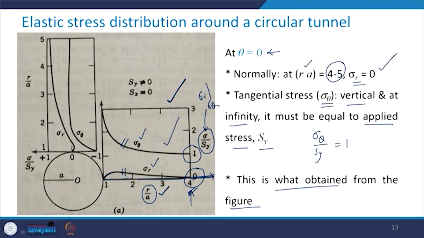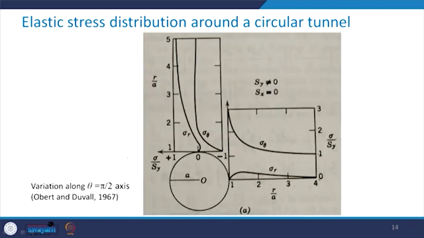Please remember, these are the typical variations of these stresses at theta equal to 0. Then focus on this portion of the figure. This is at the crown, which is at theta equal to pi by 2 axis. When you have r by a equal to 1, that means at r equal to a, that is at the tunnel periphery, you have sigma theta upon Sy equal to minus 1.